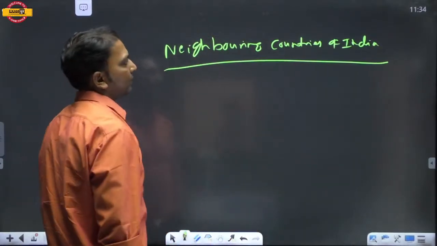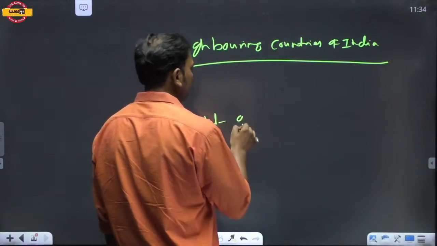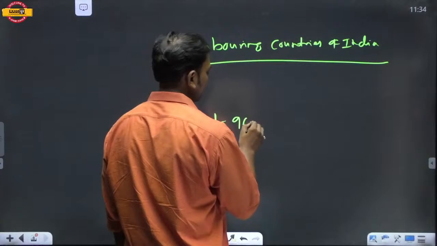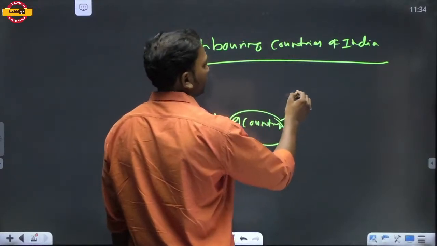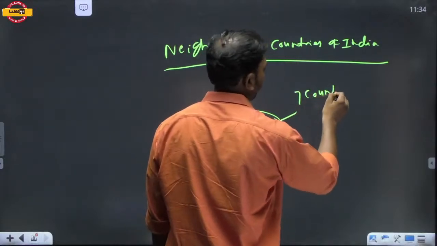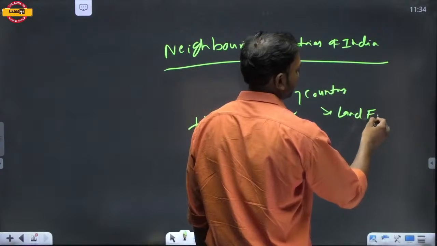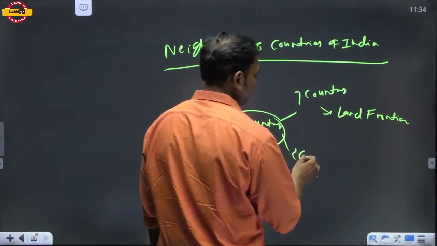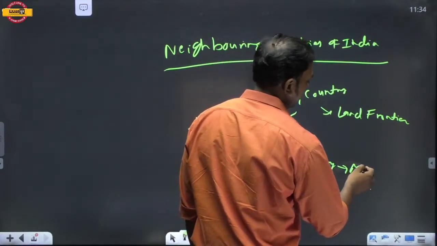Neighboring countries of India. If you talk about the total, there will be 9 countries. Seven countries with land frontier, 2 countries with maritime frontier.